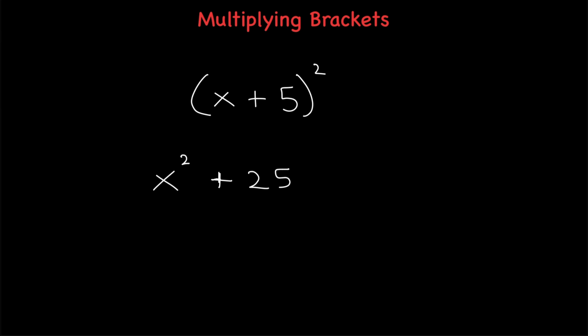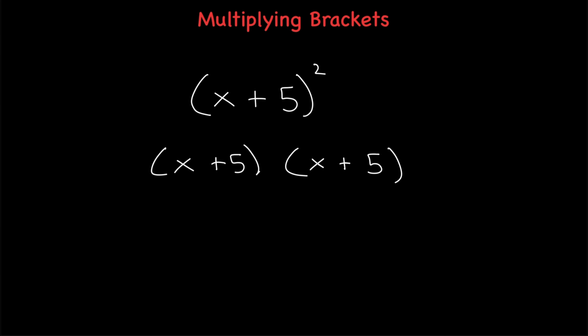And they leave that as their answer. But that's actually wrong. Whenever you see x plus 5 squared, what it really means is x plus 5 times x plus 5.